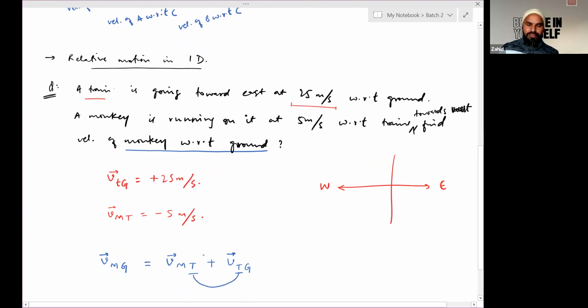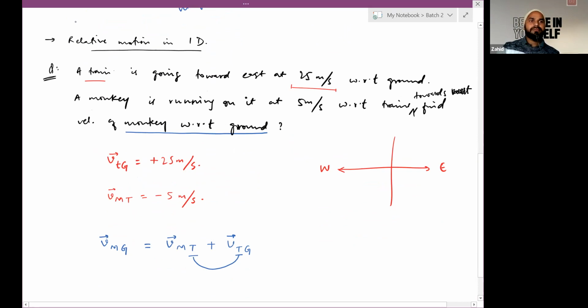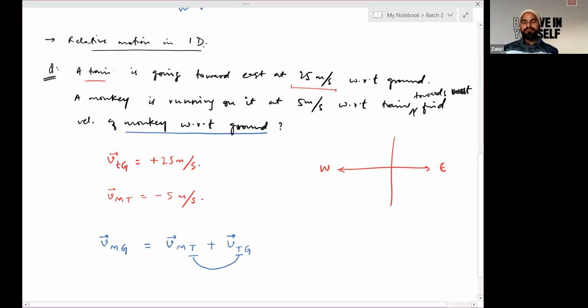Now we have values for each term. Just put their values and try to find the answer. Just simplify it. Good, Mariam.